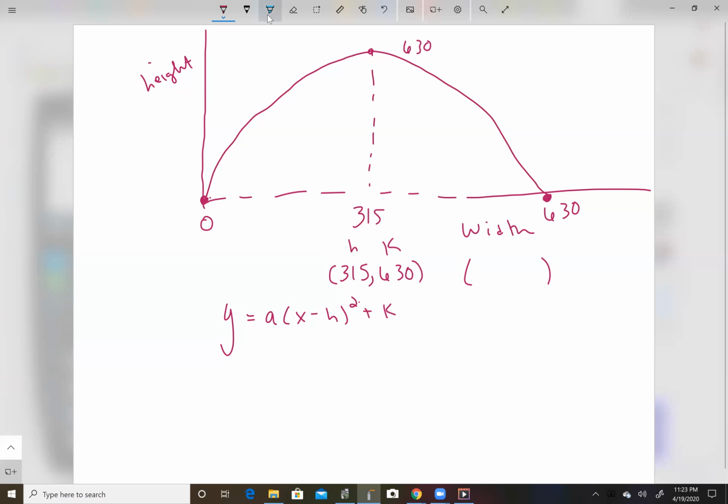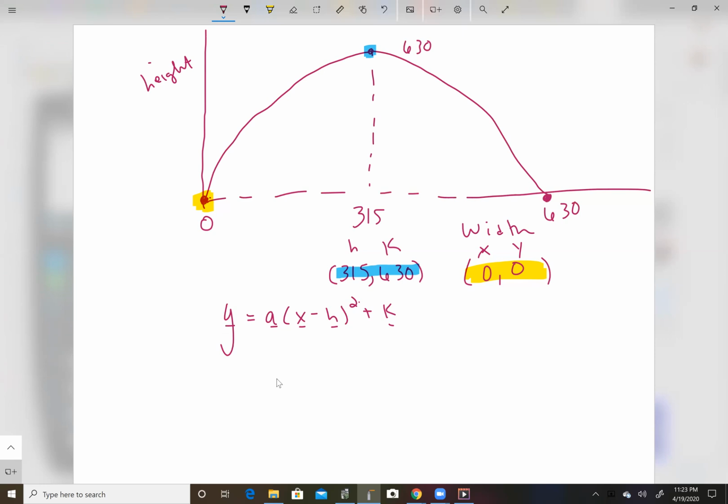So let's color code some of this. This point is going to be h comma k, and then this point is going to be 0 comma 0. And that's going to be my additional x, my additional y, because I can only solve an equation and get an answer if there's only one variable. And right now I have 1, 2, 3, 4, 5 variables. So for 4 of those variables, I'm going to put in some numbers.